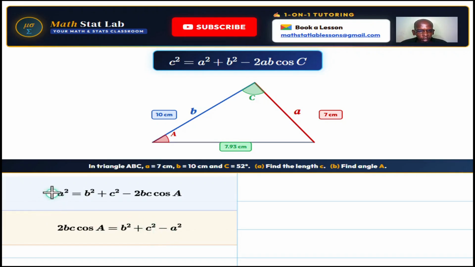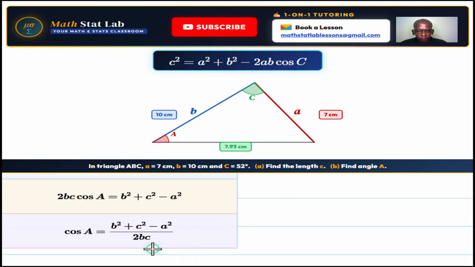I moved this A to this side, and because here it was positive, on this side it will be negative. So now the formula becomes 2bc cos A is equal to B squared plus C squared minus A squared. Now you see, we just want the cos of A, so that we can do cos inverse to get this angle here.